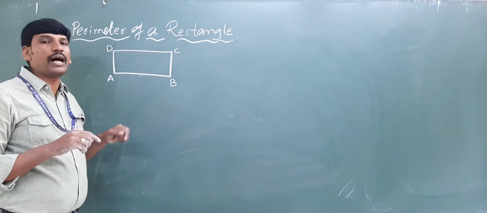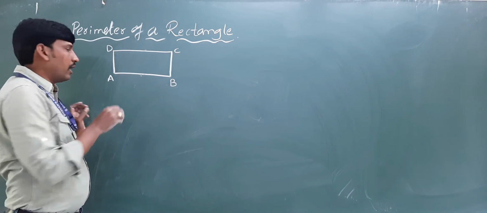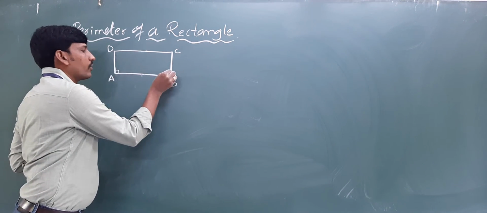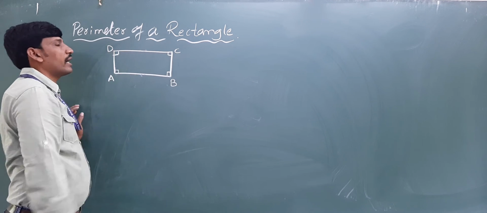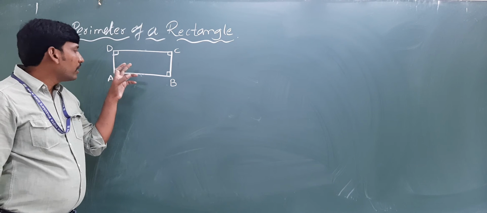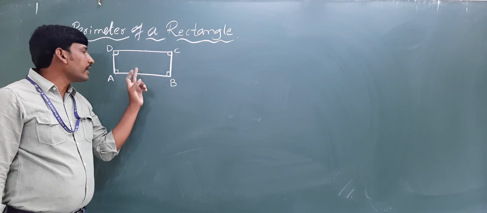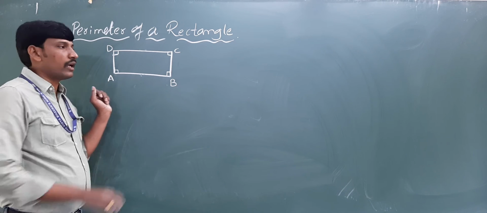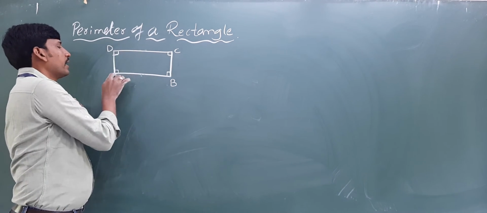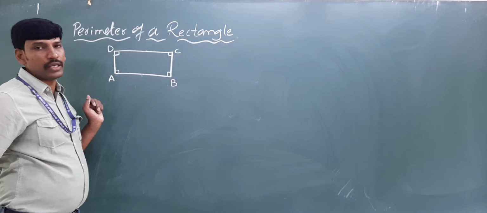That's why you can say that it is a rectangle, and even each angle is equal to 90 degrees. Keep it in mind. The property of a rectangle: opposite sides are equal. AB equal to CD and AD equal to BC.